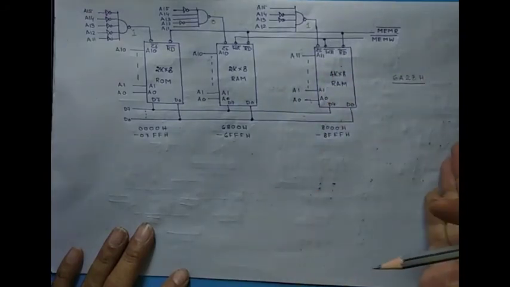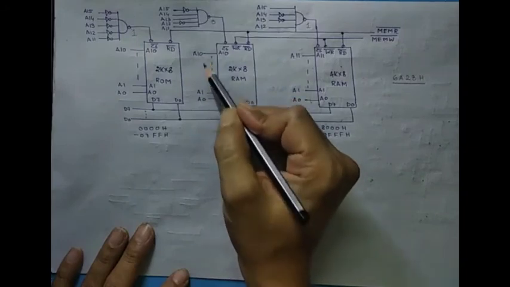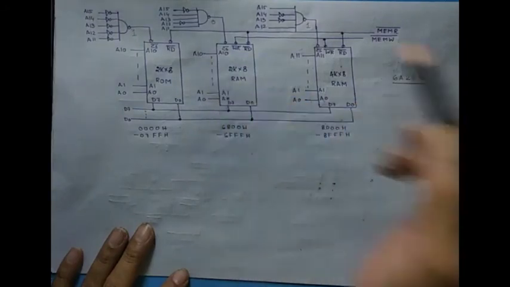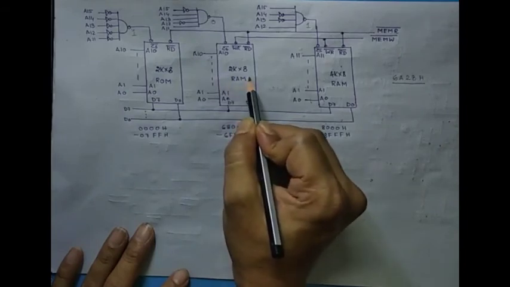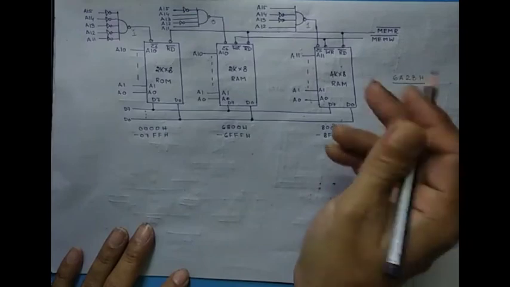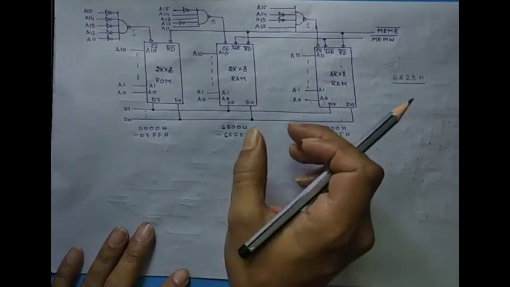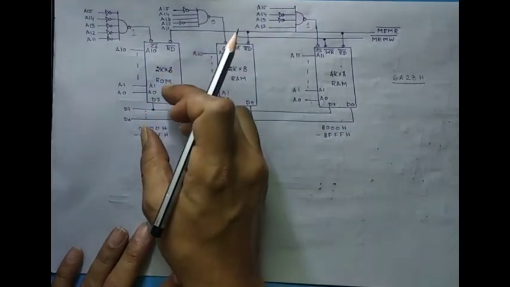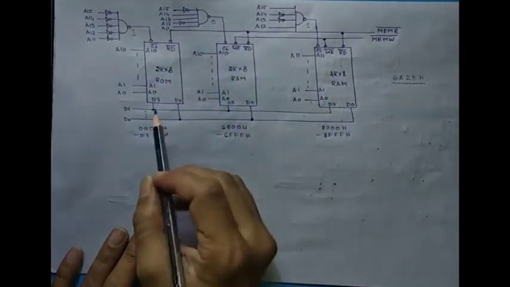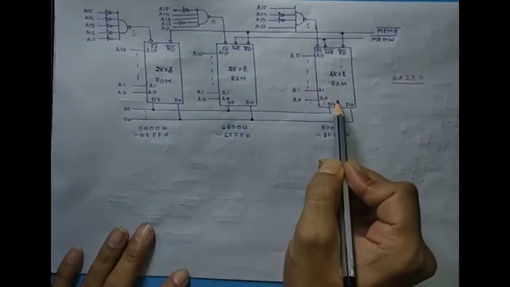Only this device will get its chip select signal. And the remaining bits of the address will be there on A0 to A10 lines, and that will select one specific memory location present inside this RAM, and so that particular location will respond to the read operation. See, address bits are also present on the address lines of this ROM device and of this RAM device.